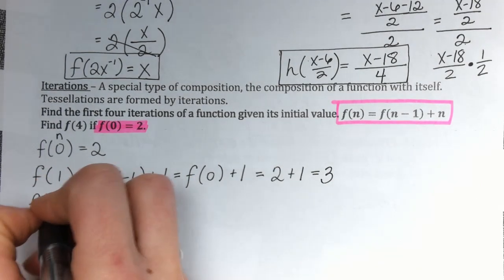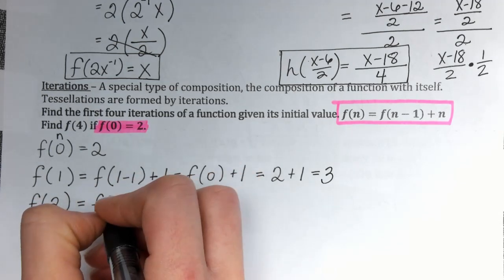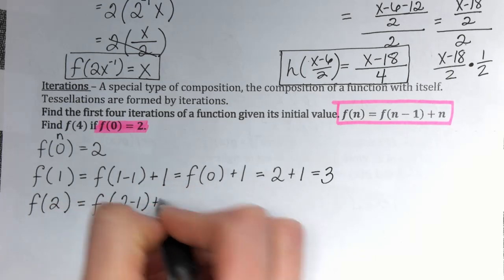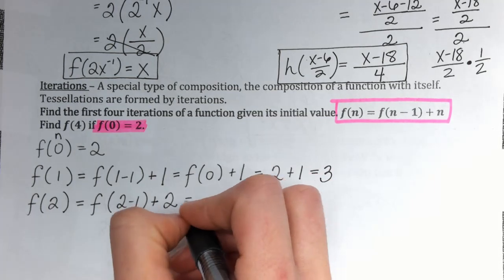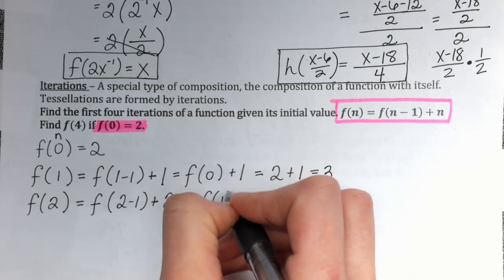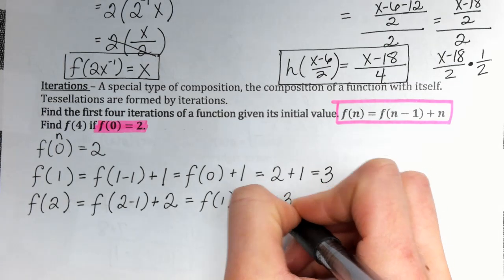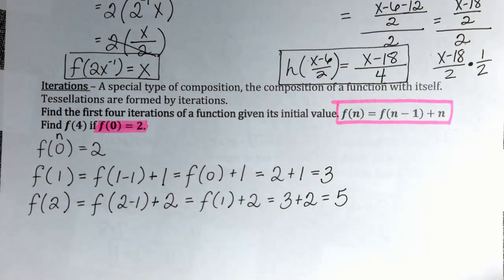So then f of 2 is f of 2 minus 1 plus what? 2. Alright, so that's f of 1 plus 2, which is 3 plus 2, which is 5.